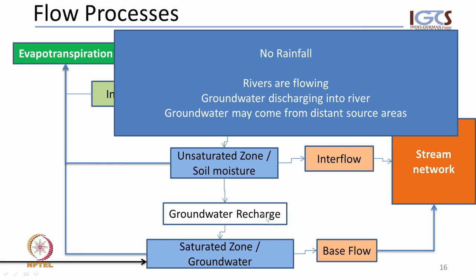So our groundwater systems are discharging into the river network. This groundwater may be coming from this local area where we have our monitoring station placed in our river. All this groundwater may come from a distant source and still discharge and contribute to our stream network.